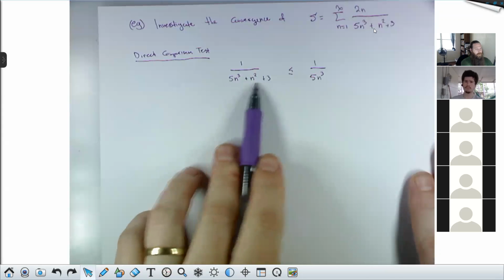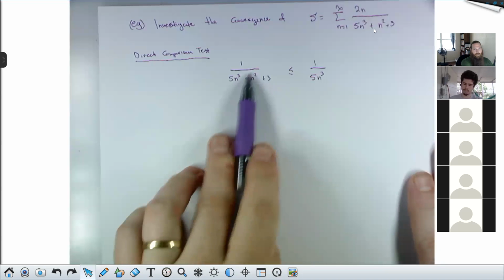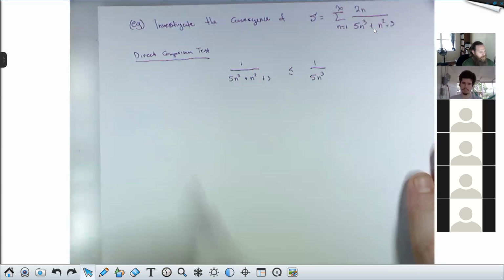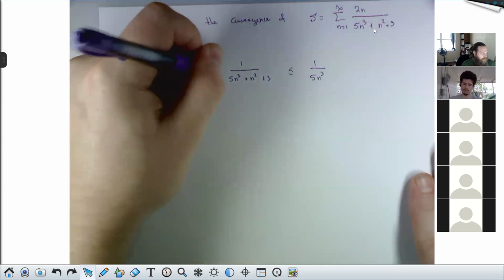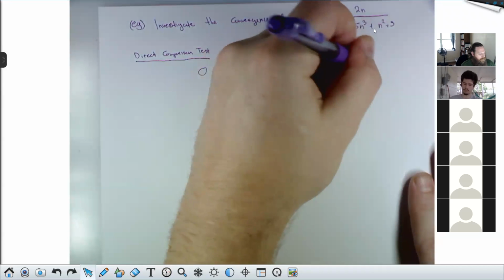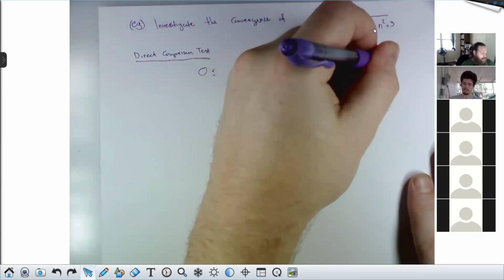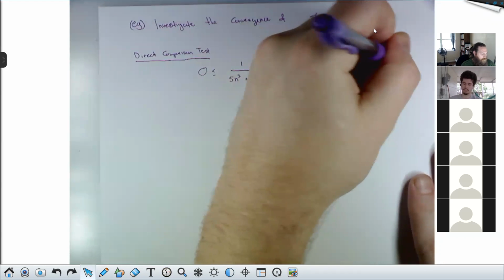The other things that are added here are positive, so you make a bigger denominator, the whole thing gets smaller overall. And this is greater than or equal to 0. Again, this would be true for all n, regardless of whether it's positive or negative, but we'll say specifically for all n greater than or equal to 1.